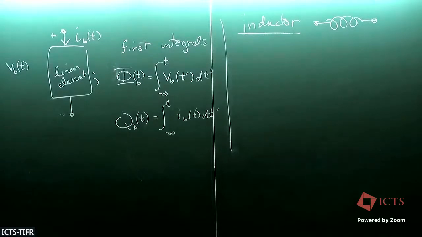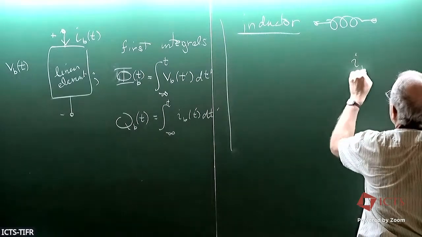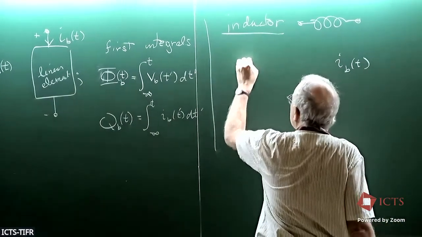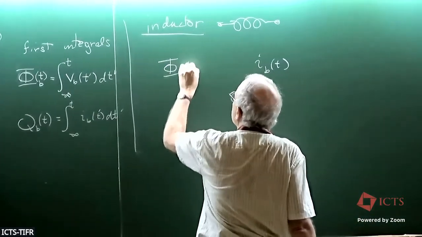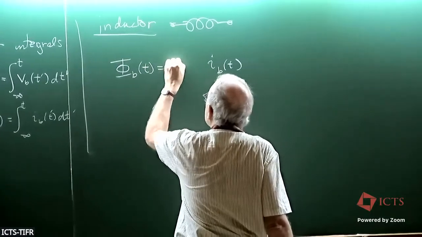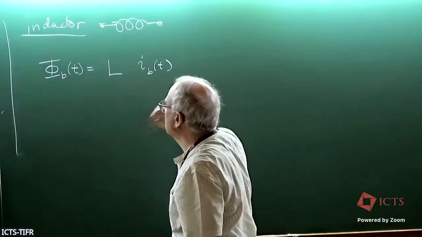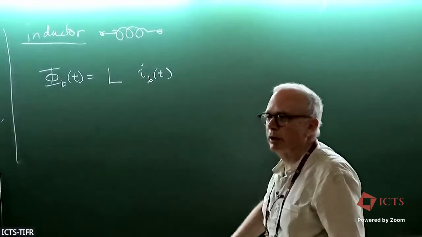If there's a current I_B of t, then at that same instant in time, it produces a flux Phi_B of t, and it's a linear relation between them with one physical constant, which is the inductance of that branch.